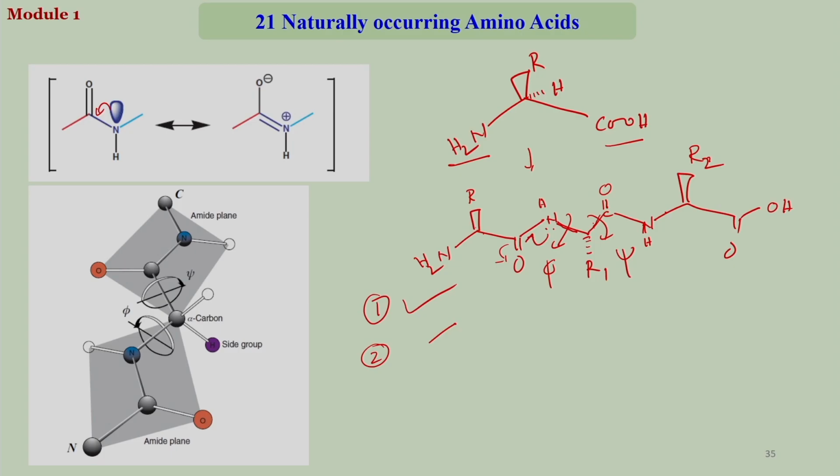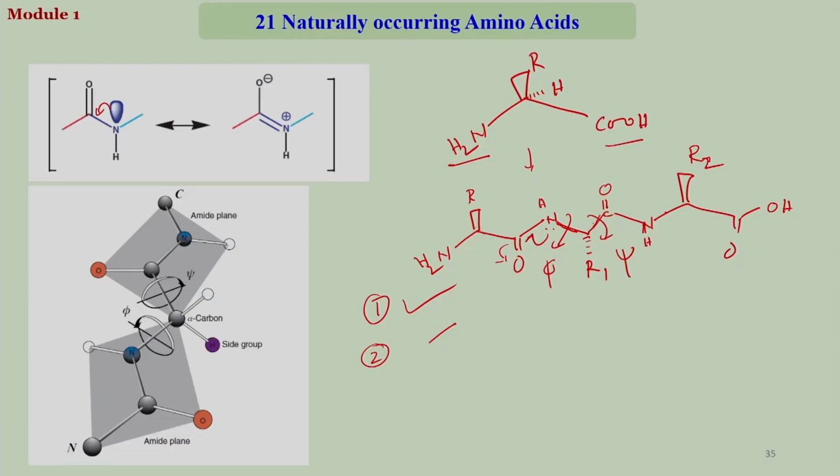So, you should be able to rotate phi and psi freely, but we will see later on that if you rotate the molecules, the atoms will sometimes bump into each other, and that makes the free rotation around these single bonds not allowed or restricted. So, all rotations around the single bonds are not allowed, and that is given by a plot called the Ramachandran plot, which we will discuss in a brief while.